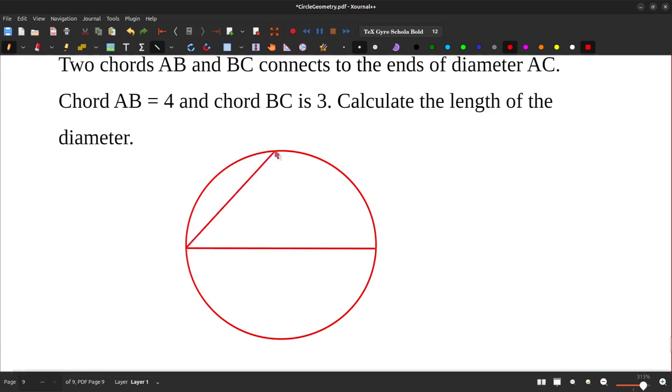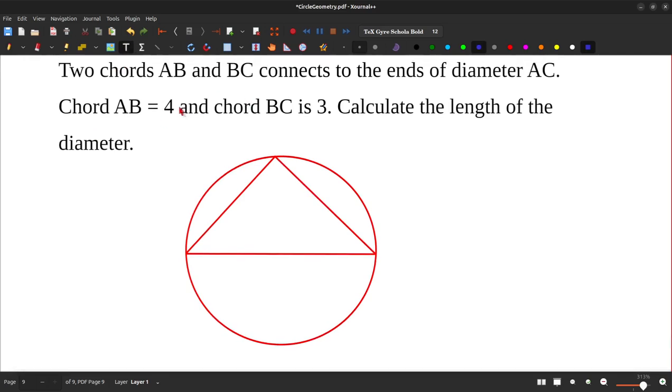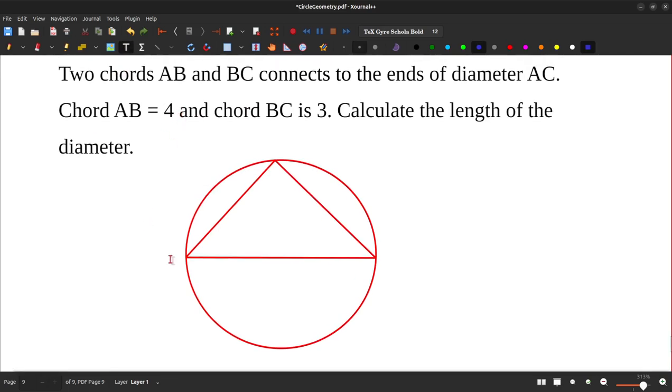And then there is the point C up there. Now let's put in the given labels. AB is a chord, so this should be A. This should be B. And BC is also a chord. Then AC is our diameter there. Then AB, this is 4. This is 3. And then you are required to find AC.